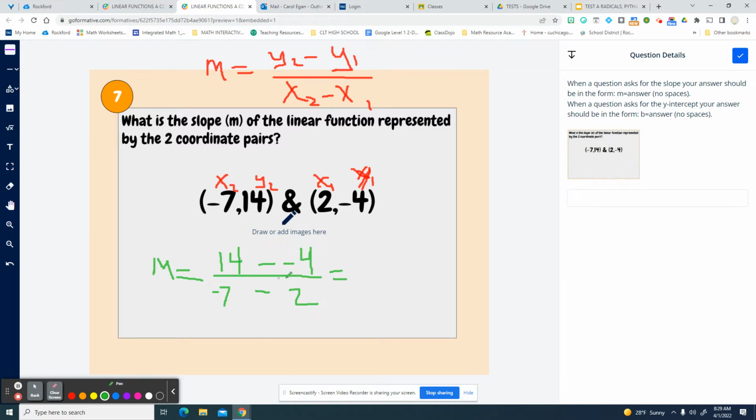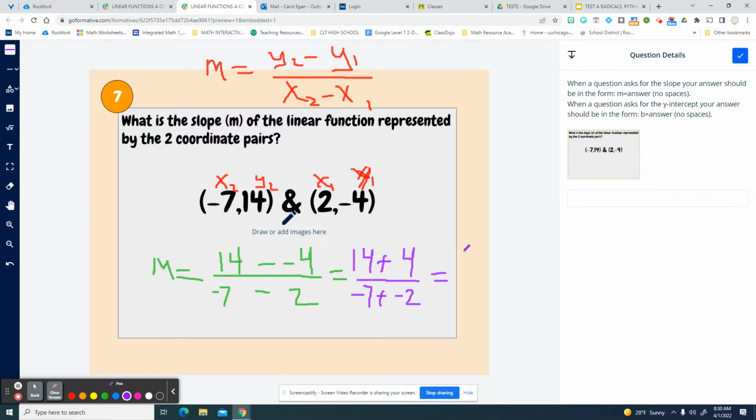Now when I'm subtracting a negative, right, I'm going to do a change here. So I'm going to change the subtraction to addition, and I'm going to flip the sign of what's after it. So this is going to become 14 plus, and this negative will also change to a plus, so it'll be 14 plus 4. And on the bottom, I'm going to change this subtraction to an addition, and this +2 is going to become a -2.